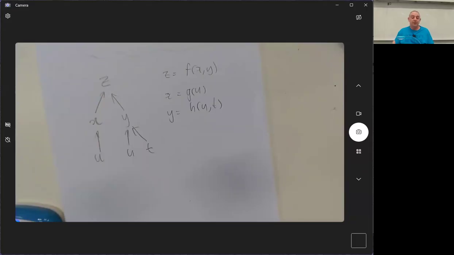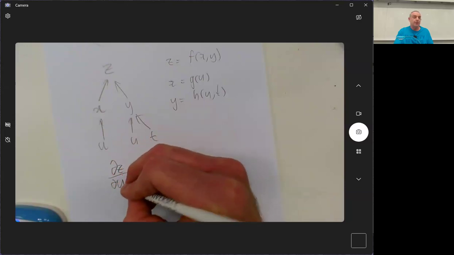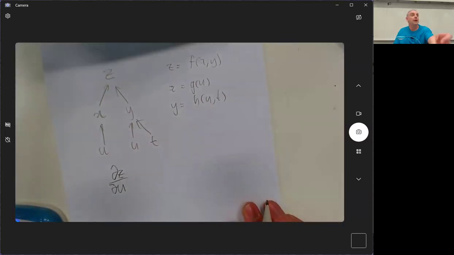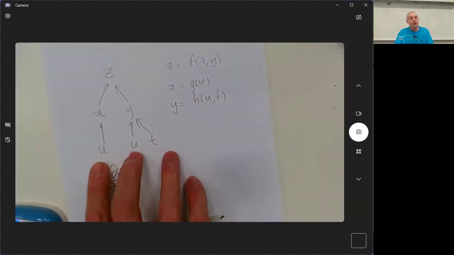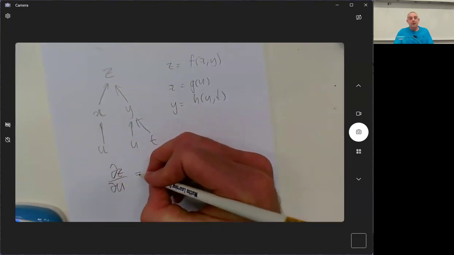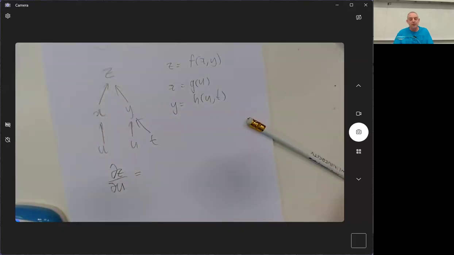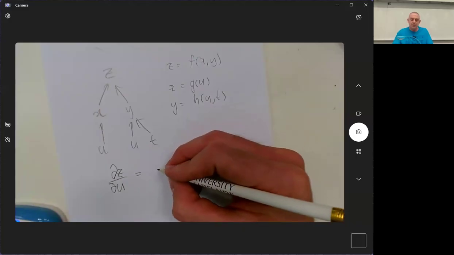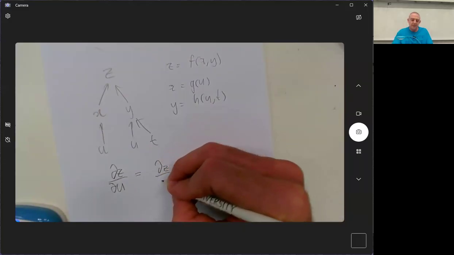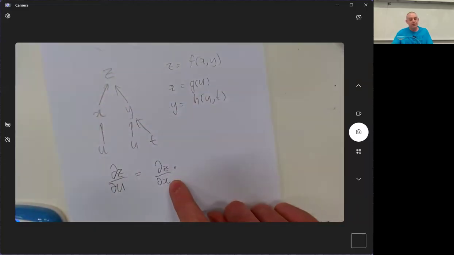Are you ready? If I wanted to do dz on du, okay, there are two variables that cause z to be what it is, u and t. Then I could come down these paths. So I'm going to find the paths that go to u. There's one here and there's one here. And so dz on du, first I'll go to x, down that path, and I'll do that derivative.